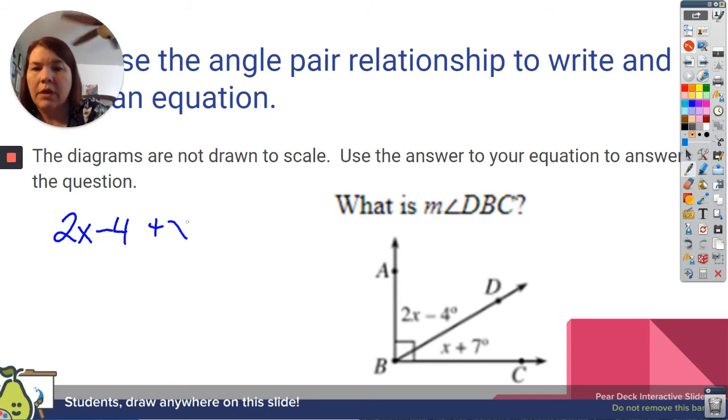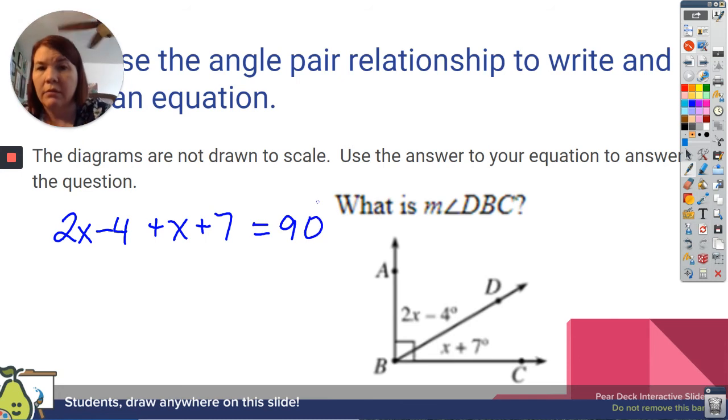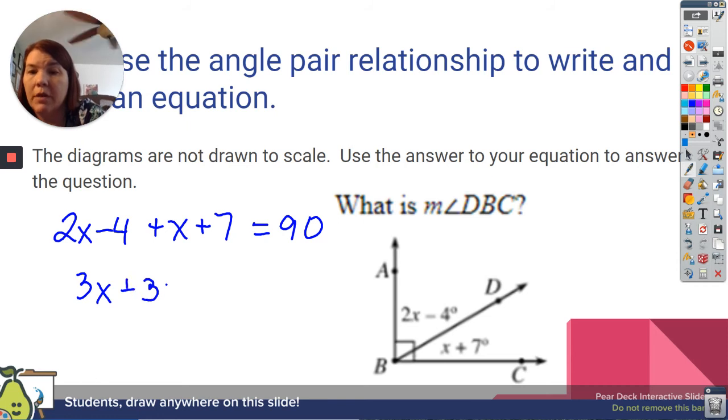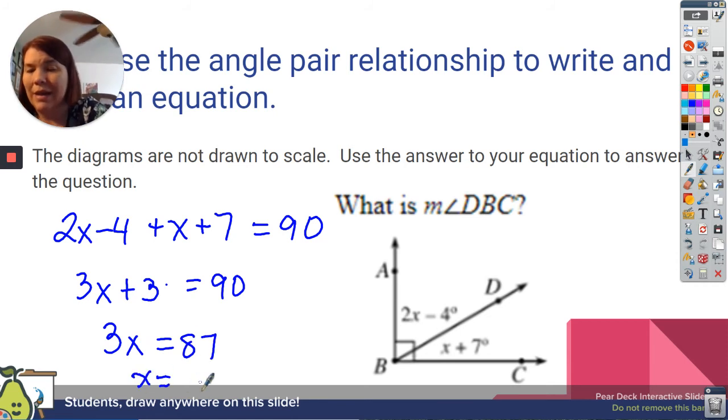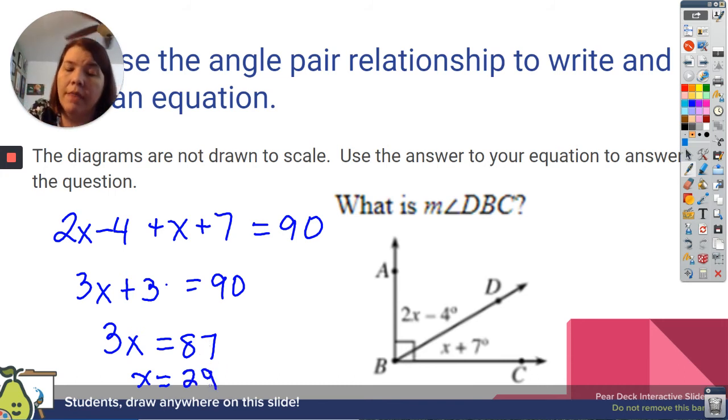My equation will be, and then there I am, because the two angles added up to 90. Okay, so then I'm going to simplify. 3x minus 3 plus 3 equals 90. I'm going to subtract 3 from both sides. 3x equals 87. I'm going to divide 87 by 3. It's going to go in 29 times.